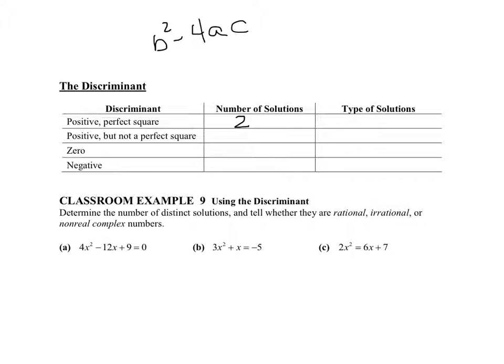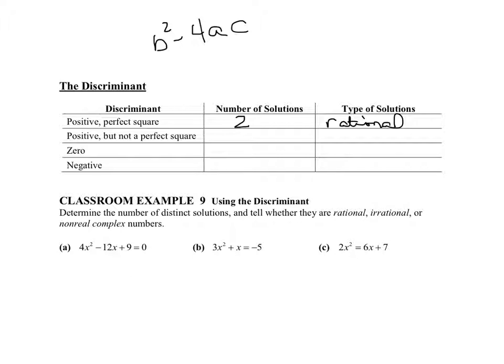Now, as far as the type of solutions, if it's a positive number under the radical and it's a perfect square, which makes the radical disappear, all I have left will be a rational number. In other words, it's a real number that could be written as a fraction. It doesn't necessarily have to be a fraction. The fraction could clean up to be a whole number, but it could be written as a fraction. It's not going to have the radical in it or a decimal or anything such as that.